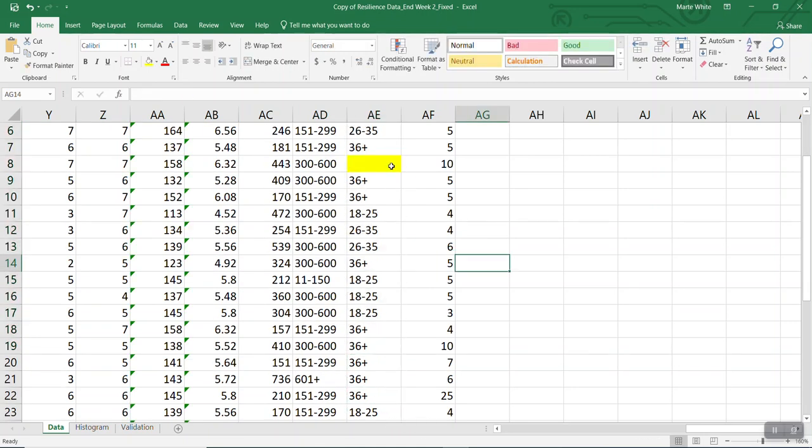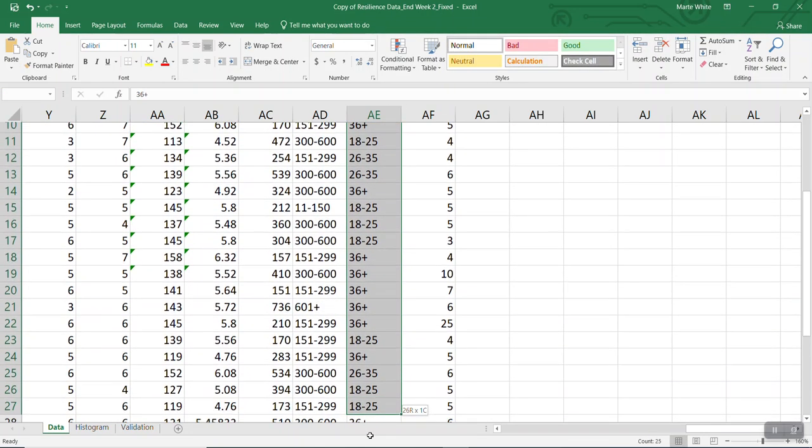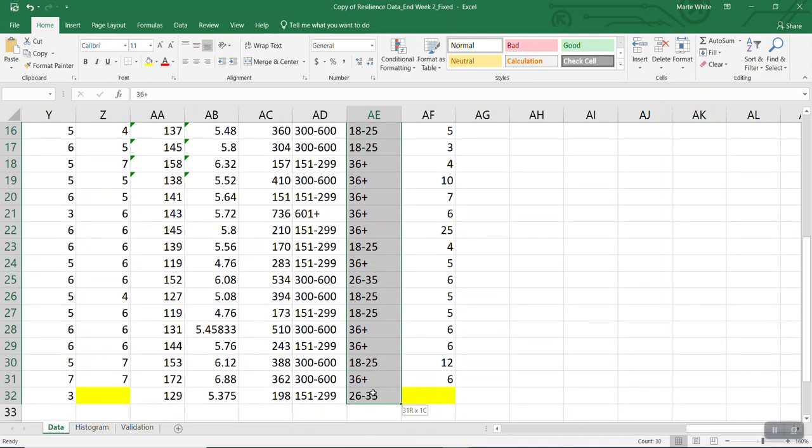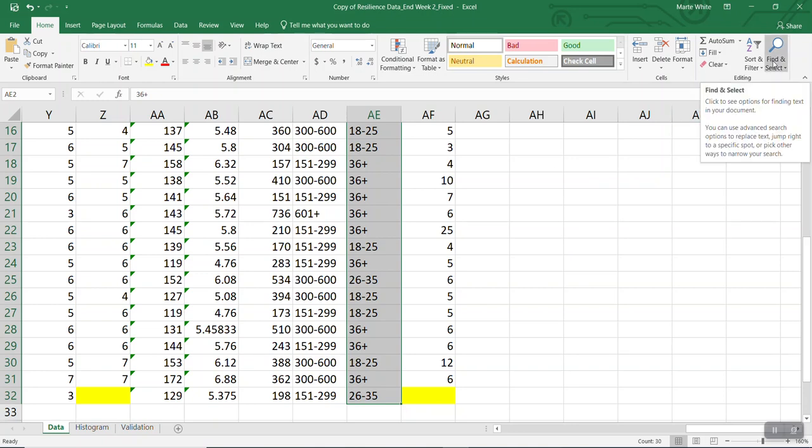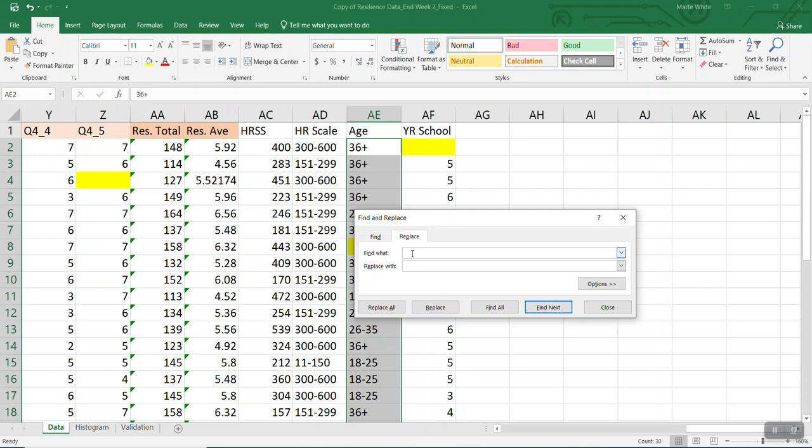it's not going to want to cooperate, so this is 36. So try that again. Sometimes it doesn't want to go all the way to the bottom before it's highlighted. Okay, so I got those highlighted. Now I want to go up to find and select, and I want to replace. I want to replace 36 plus with a 3.